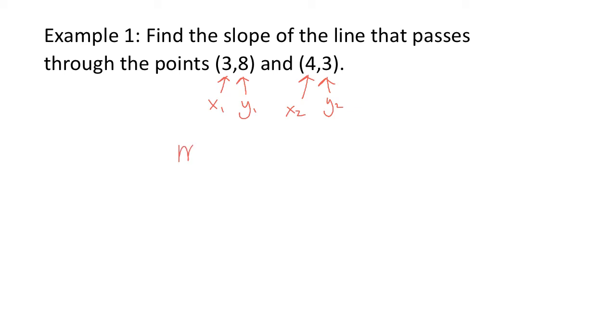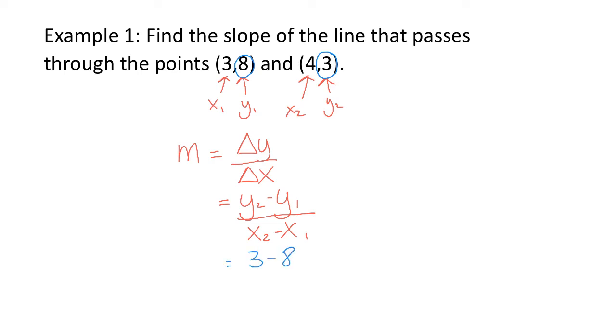So I know that slope is equal to the difference in y over the difference in x. And that is just equal to y2 minus y1 over the difference in the x. Okay, so starting with my y's, here's y2. So I'm going to take 3 and I'm going to subtract 8. So I have 3 minus 8.